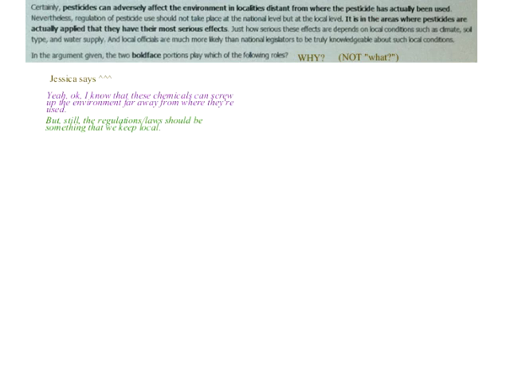And then she goes on to say, those places, even though they have effects in places that are far away, the worst of the worst in terms of the chemicals' effects is right there in the same location.